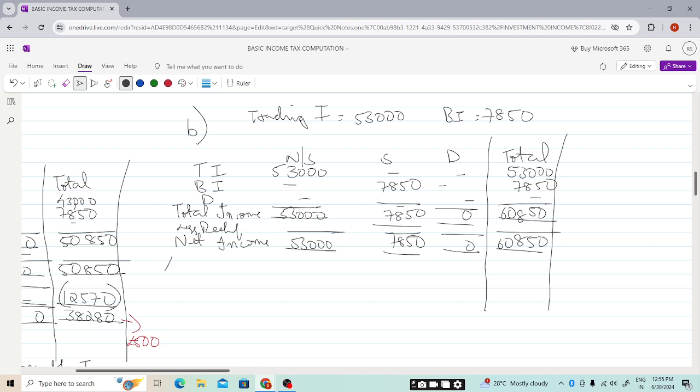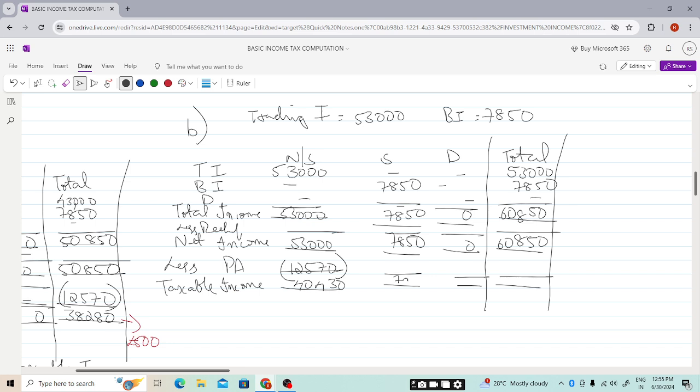So our total net income will be 60,850. Less PA, personal allowance, which will be reduced first from non-saving income. We need to see whether the personal allowance is getting tapered or not. It is not getting tapered because our income is not more than 100,000 pounds. So 12,570. This will give rise to our taxable income. What will be our taxable income? 53,000 minus 12,570 will give rise to 40,430.